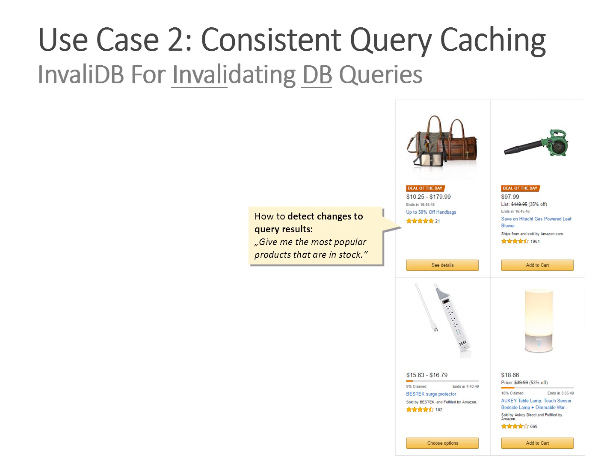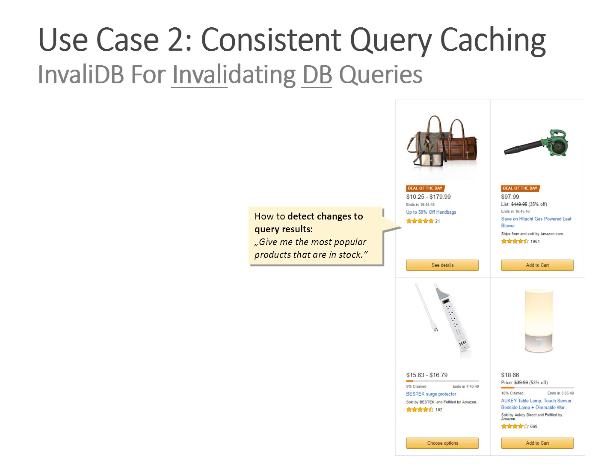The second use case is consistent query caching, essentially for improving performance of pull-based databases, because InvaliDB was initially designed for invalidating database queries, hence the name. And what we do here is that we make even complex database queries cacheable.